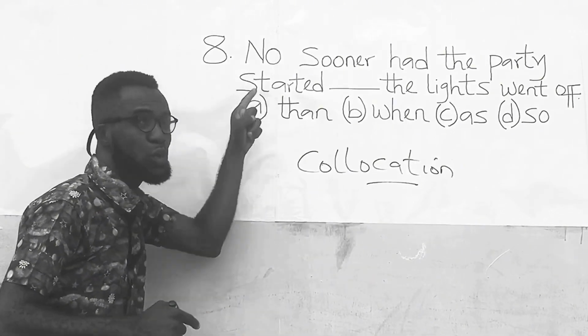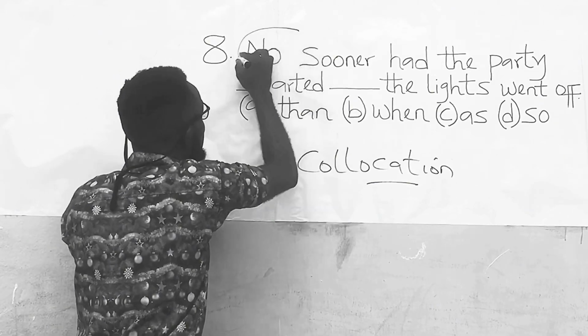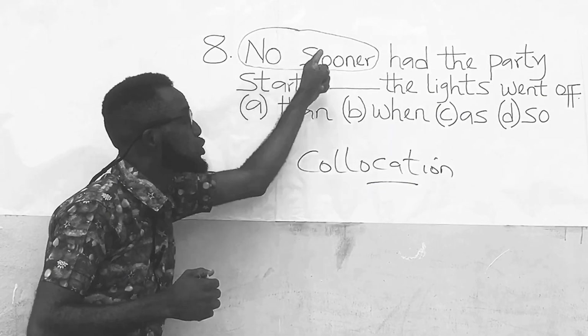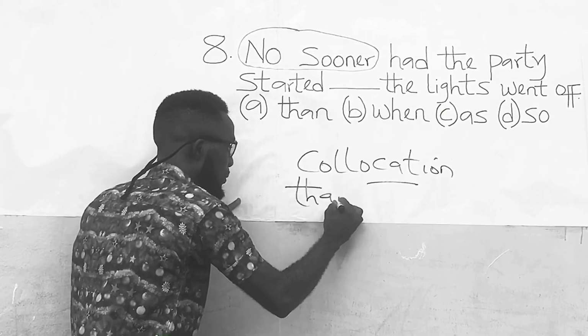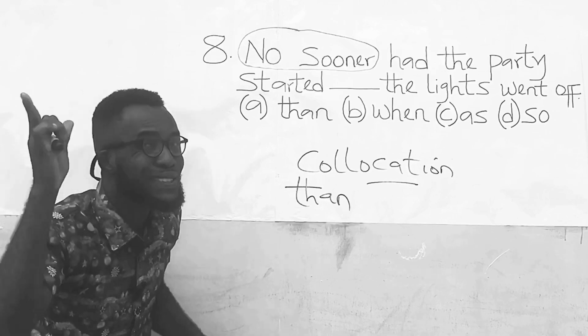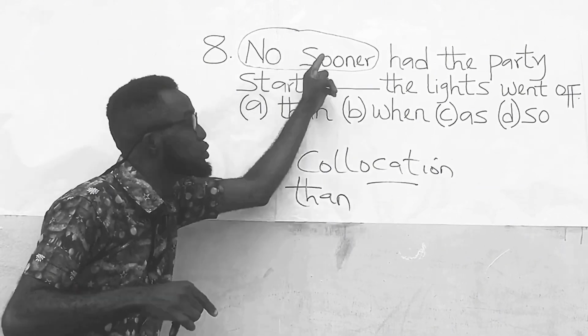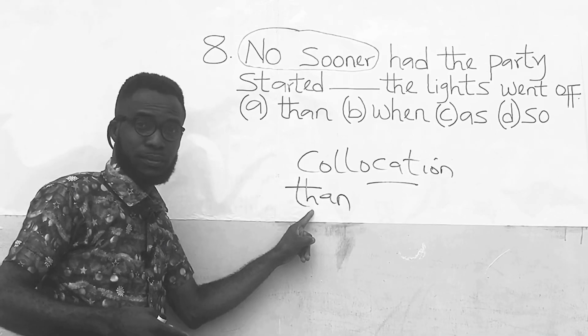If you look at this question, you will find out that it contains the phrase no sooner. The phrase no sooner collocates with than. This means that if a question contains or carries the phrase no sooner, the gap in the question should be filled with than.